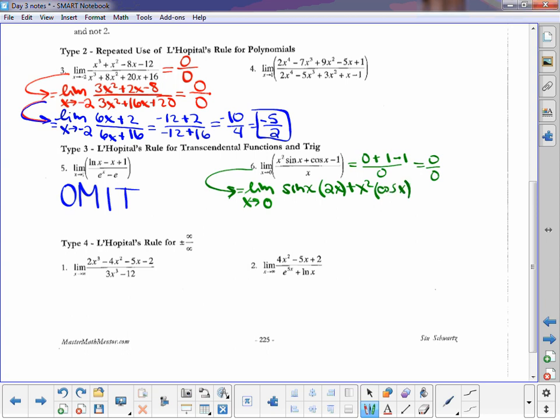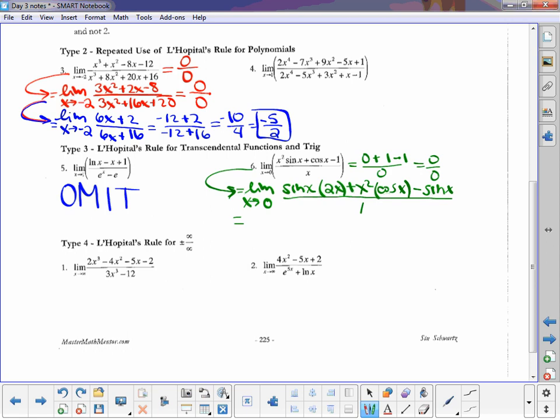And then we have plus cosine x. What's the derivative of cosine x? Negative sine x. And derivative of -1? 0. Alright. So that's my derivative of the numerator. And what's my derivative of the denominator? 1.